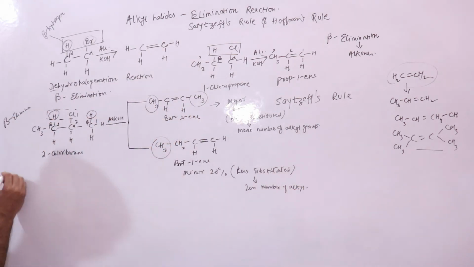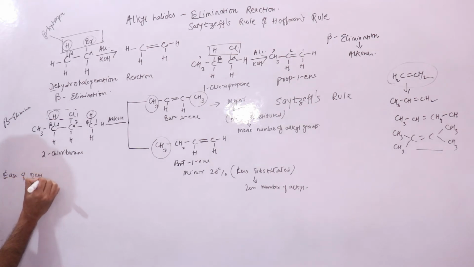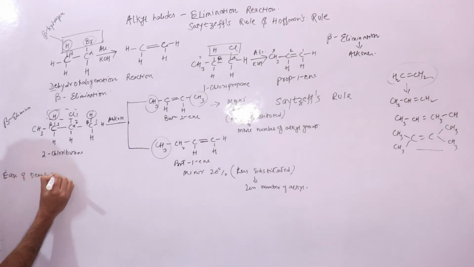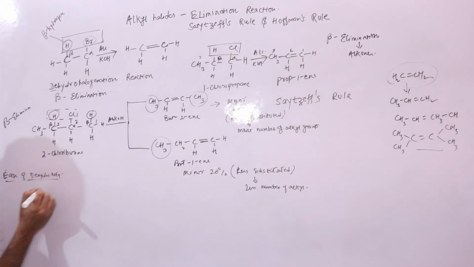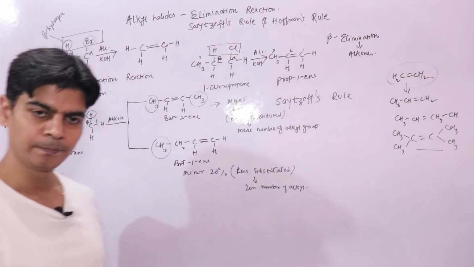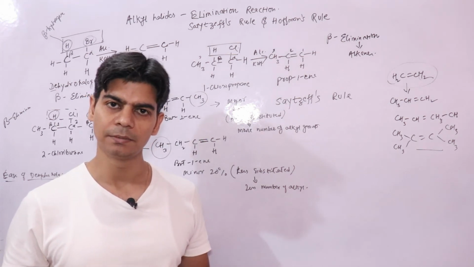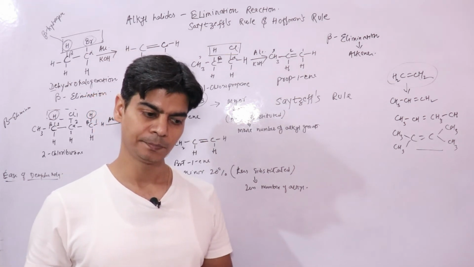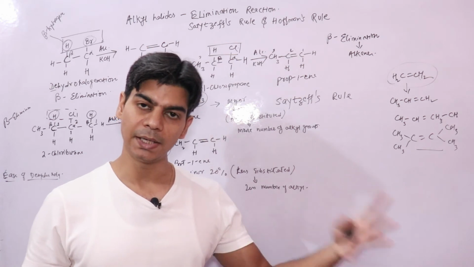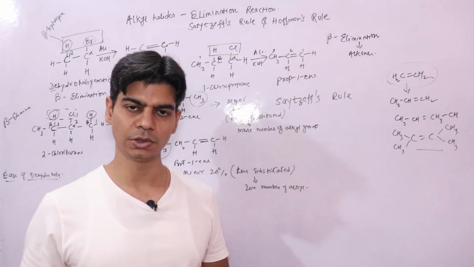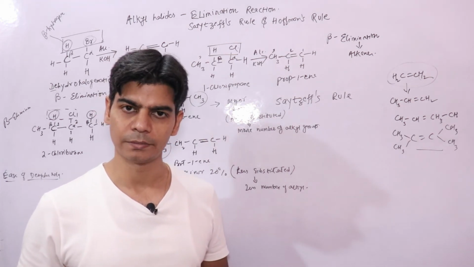Now ease of dehydrohalogenation. As per ease of dehydrohalogenation, which alkyl halide will undergo dehydrohalogenation more easily, right? The one that will form an alkene, because we know that in dehydrohalogenation alkenes are formed, right?